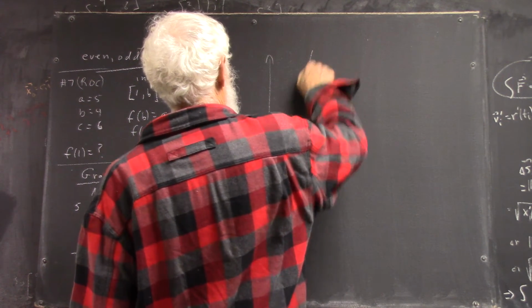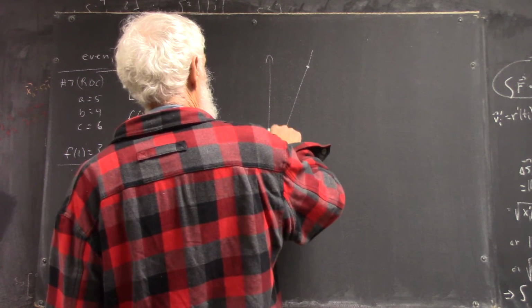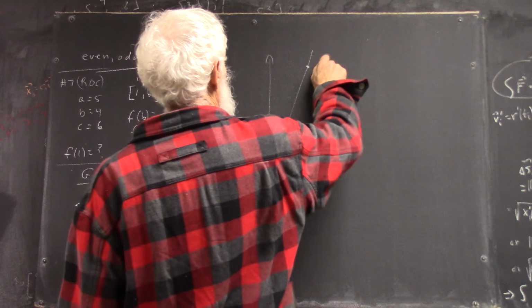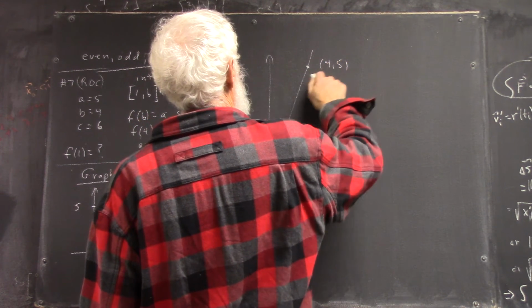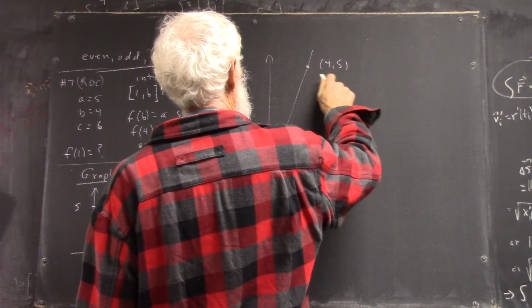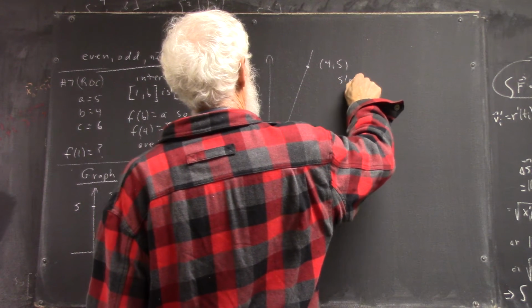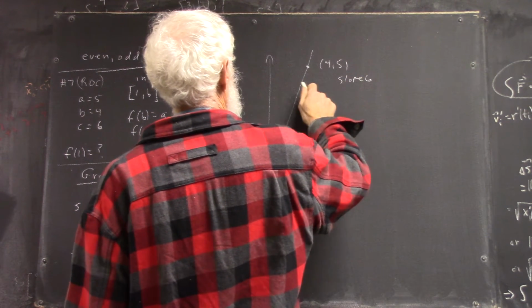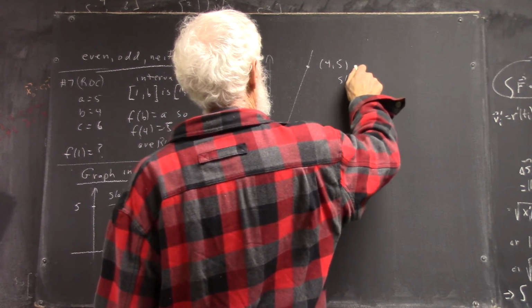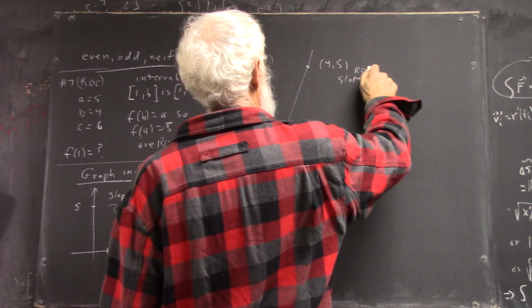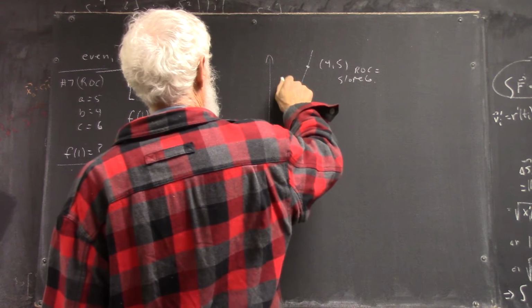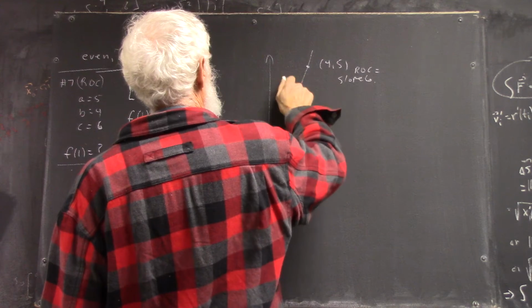So the slope is 6. So the graph does something like this. Here's the point (4, 5). Slope 6. Rate of change is a slope, which is 6. So we have a slope of 6 here.